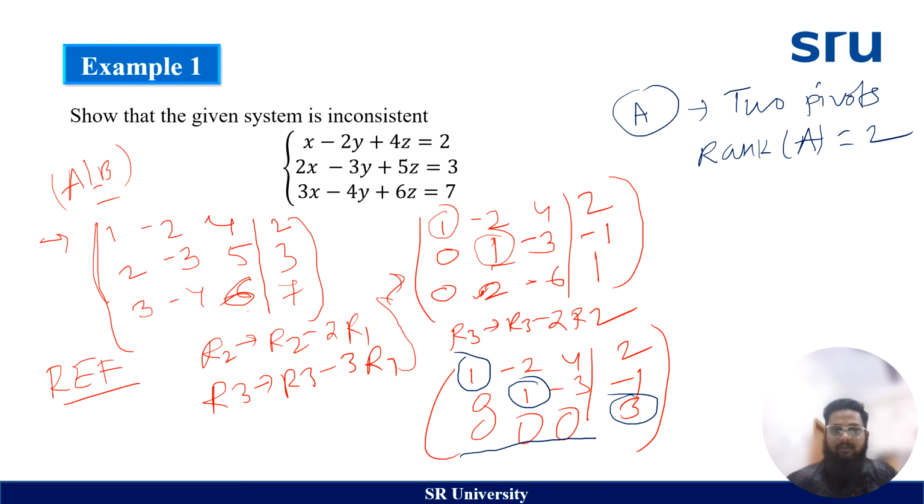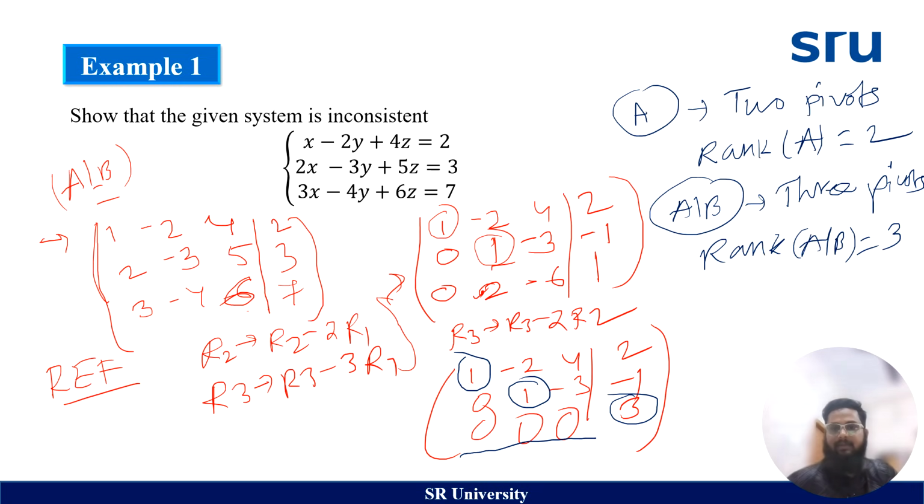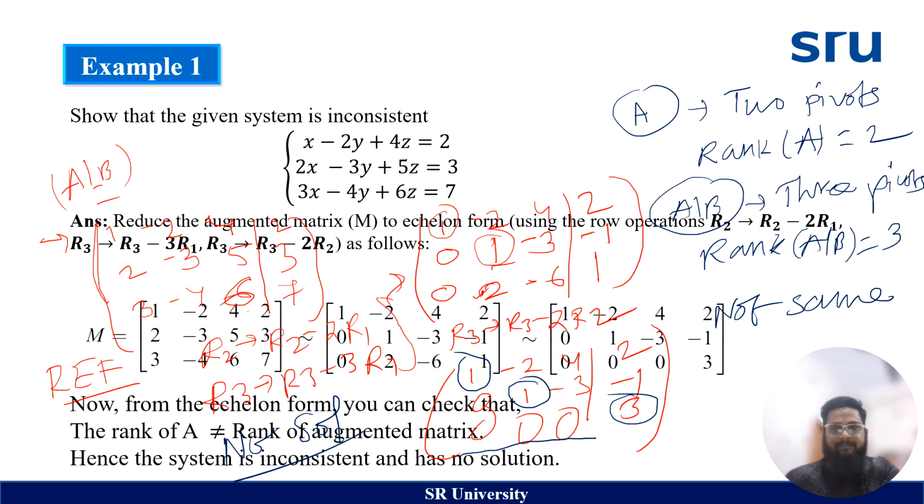But if you see the total matrix A|B, you get 1, 2, 3 pivots, so the rank of A|B is 3. So the rank of A and the rank of A|B are not the same: one is 2, one is 3. If these two are not the same, it has no solution. So the system is inconsistent, it has no solution. This is one example.